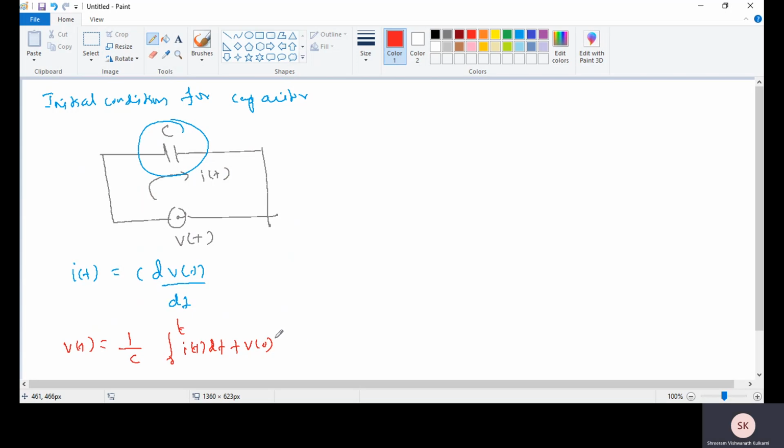Okay, here also the same condition at t equal to 0 minus. Okay, if the initial voltage, that is V naught, across the capacitor is 0, then the capacitor will behave as a short circuit, SC, at t equal to 0 plus.